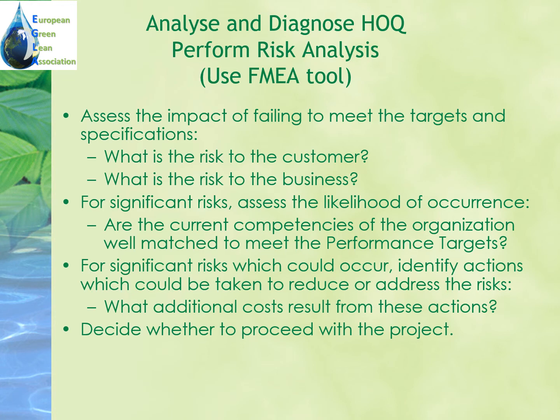For significant risks which could occur, identify which actions could be taken to reduce or address the risks. And always think what additional costs might result from these actions. And then decide whether to proceed with the project or change it somehow to make it more feasible.